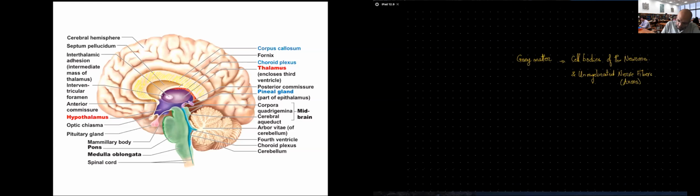The white matter is going to be formed by the myelinated nerve fibers or axons.